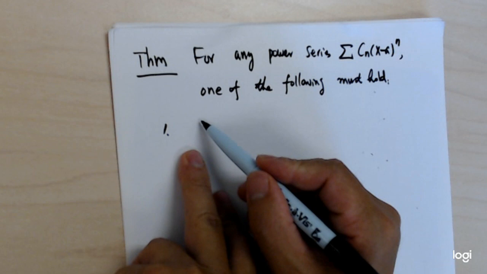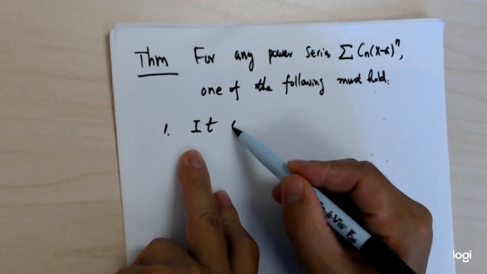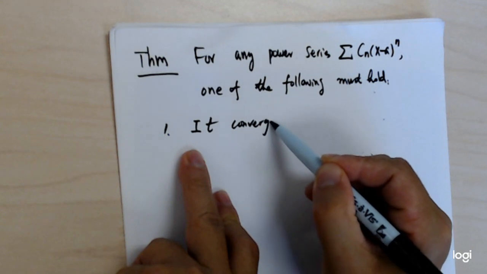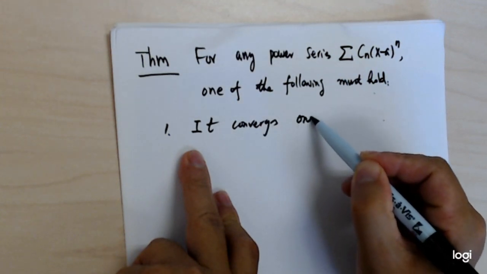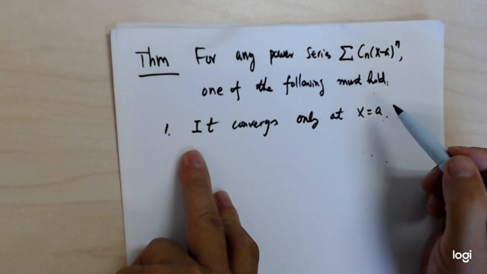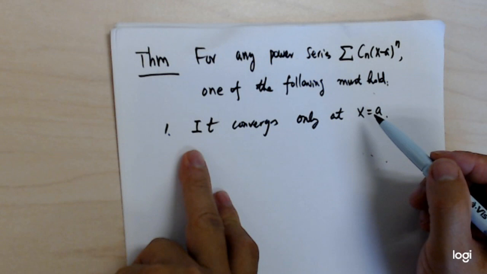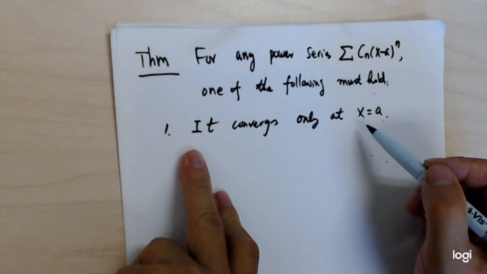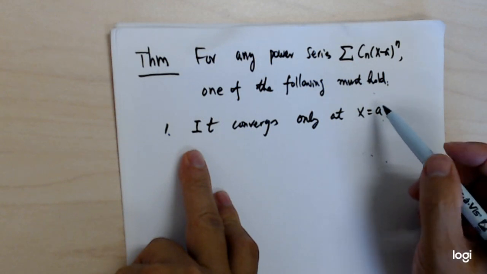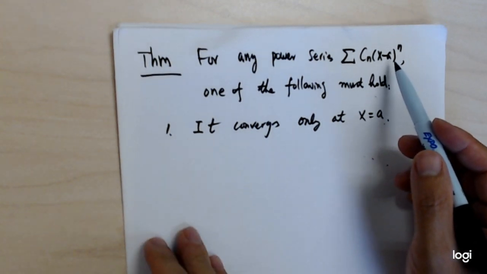Number 1, the power series may converge only at a single point, only at x equal to a. Everywhere else it diverges. As I showed you earlier, when x equals a, this can indeed always converge because you are looking at a lot of zeros.